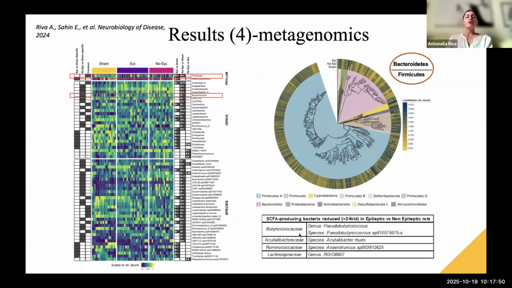Because it is part of the group of bacteria which produce short-chain fatty acids such as butyrate, acetate and propionate, which we know have a beneficial effect on the central nervous system, and through the monocarboxylate transporter they can reach the central nervous system. So there should be something in the bacterial species of the rats which do not develop epilepsy that can protect from the development of seizures.